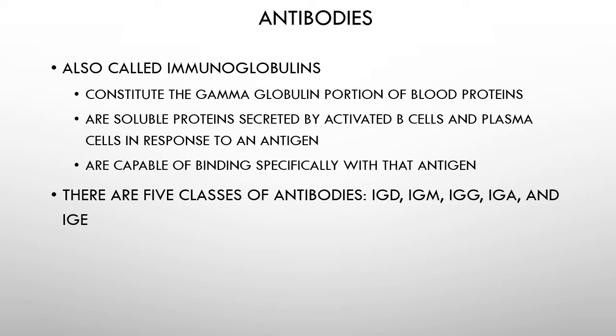Our B cells create antibodies, and those antibodies come in a host of different protein combinations. And when we have those antibodies, we call them immunoglobulins. These immunoglobulins come in one of 5 classes: IgDs, IgMs, IgGs, IgAs, and IgEs. Each one is specific to a particular antigen.